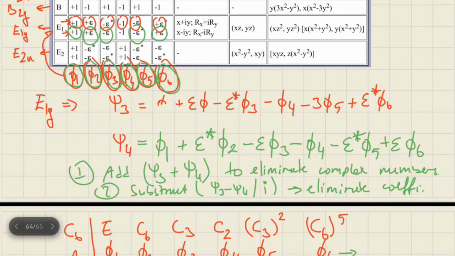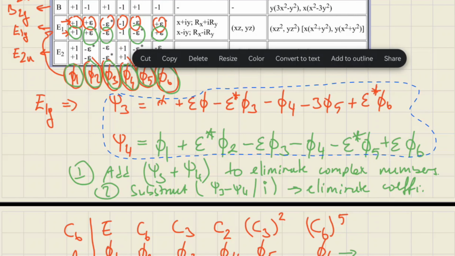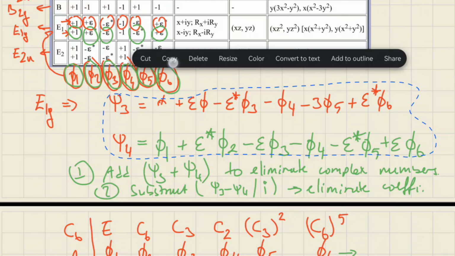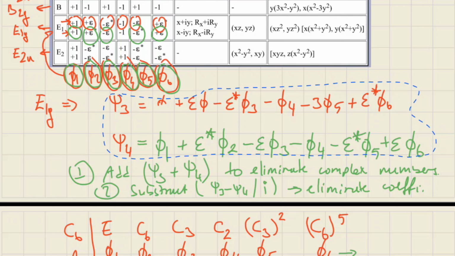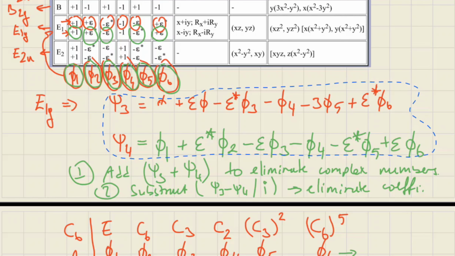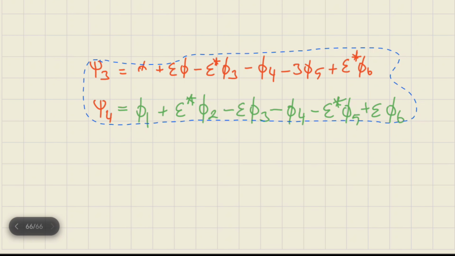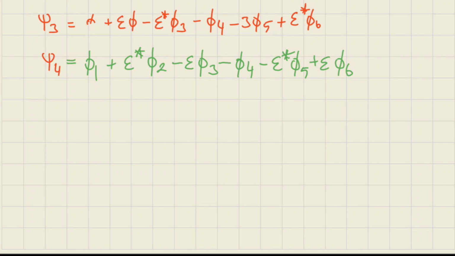So firstly, I will add them up. By the way, this is phi 1.